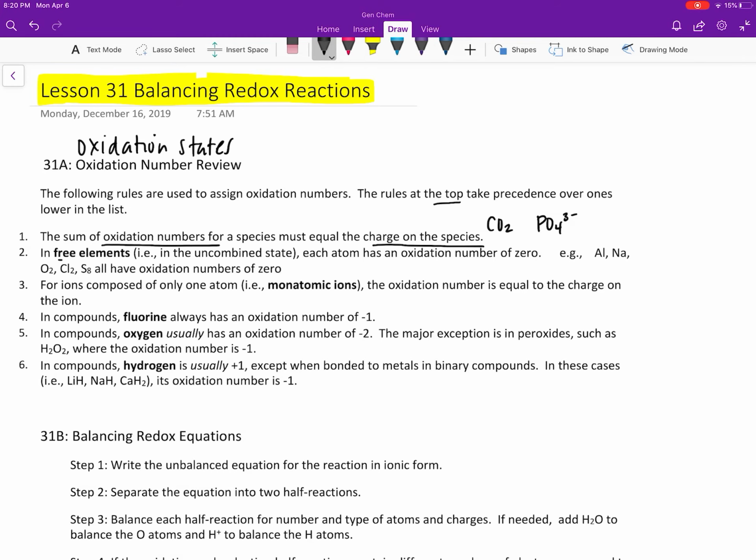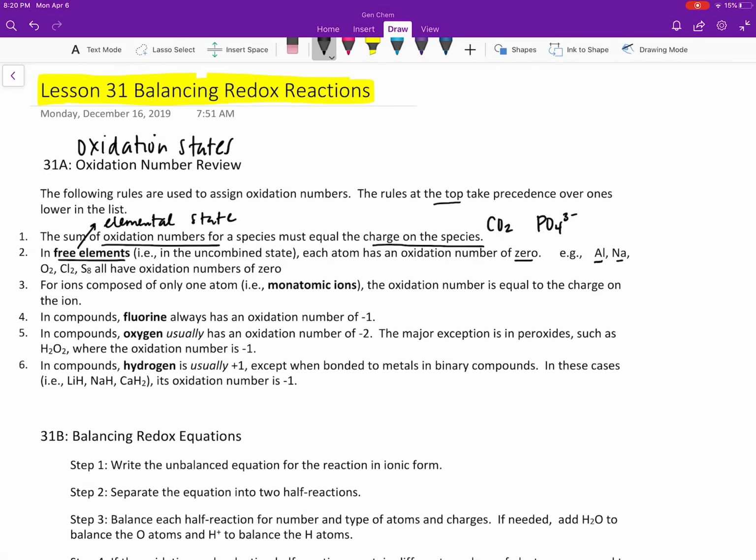In free elements, in the uncombined state, so in their elemental state, that's another way of thinking about it, each atom has an oxidation number of 0.